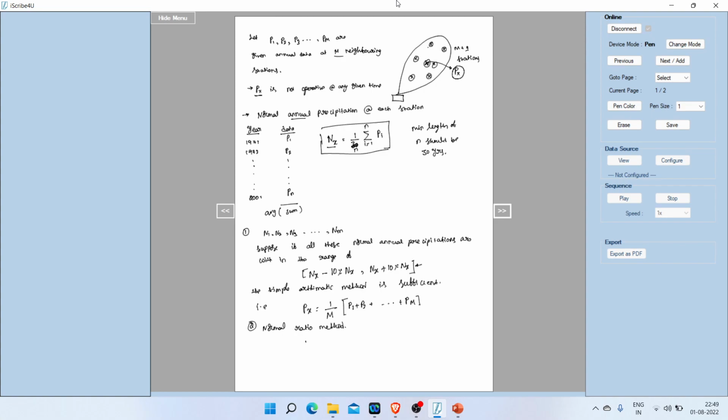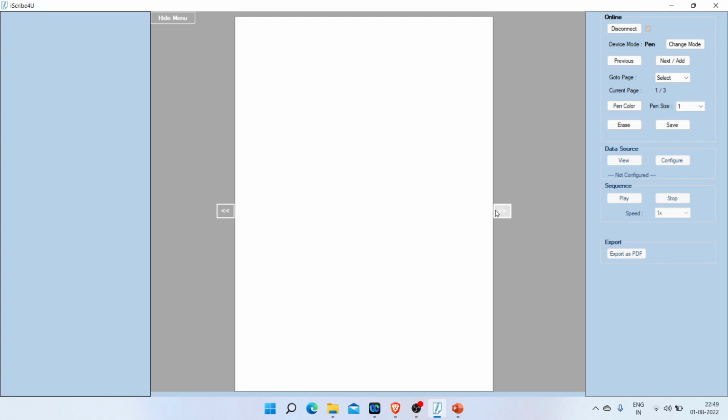So it can be calculated as Px equal to Nx divided by m times P1 divided by N1 plus P2 divided by N2 and so on up to Pm divided by Nm. In this way we can calculate the Px by using the normal ratio method.